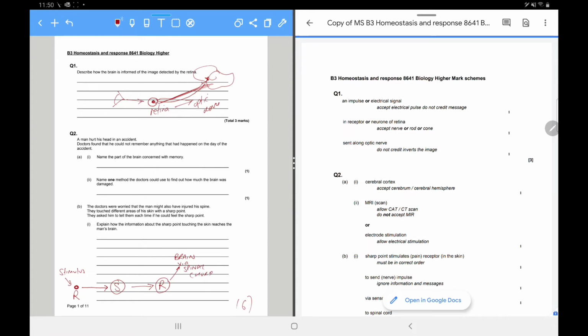Okay, and then the signal will come back to a motor neuron.